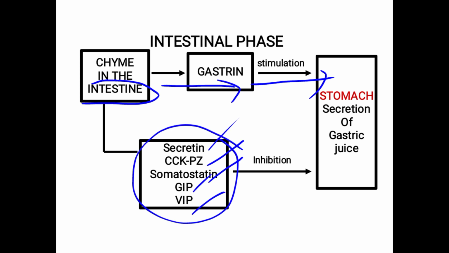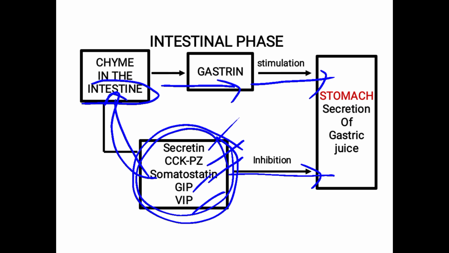These are the digestive hormones secreted by the intestine. They inhibit the secretion of gastric juice, because now the food from the stomach is going to the intestine, so you have to stop the formation of gastric juice. Otherwise what will happen? The gastric juice contains HCl.